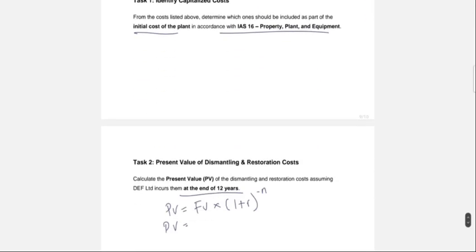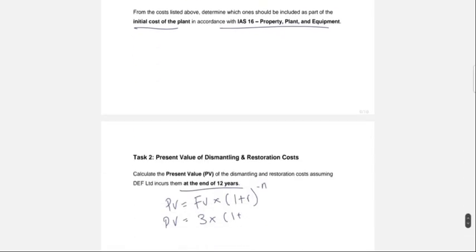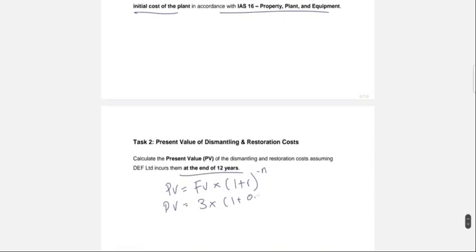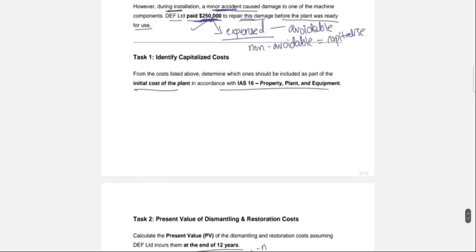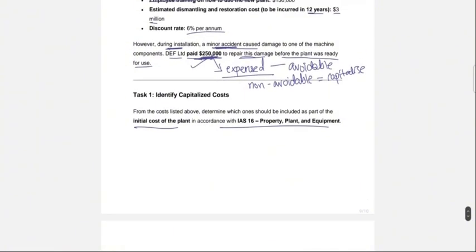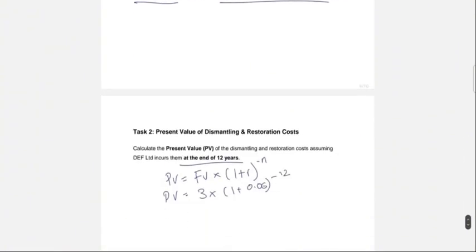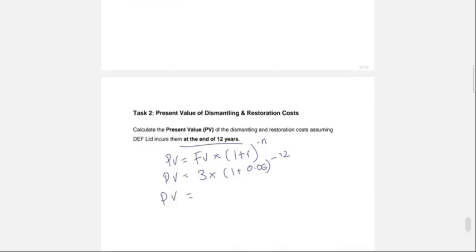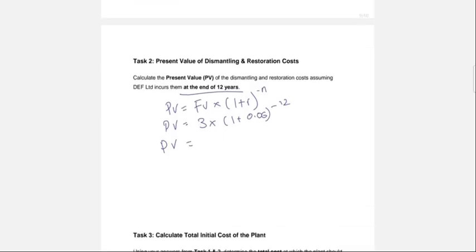The future value is 3 million, r is 6%, 0.06, and n is 12 years. So the present value will be 1.49 million. This is the present value of the dismantling cost.